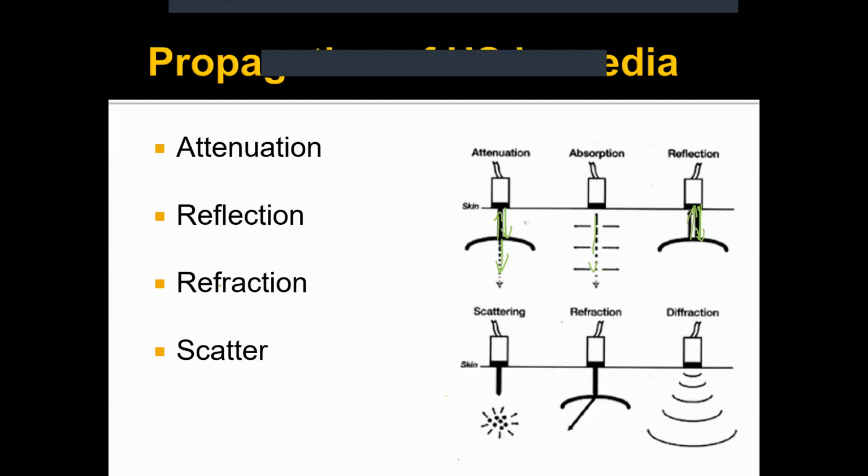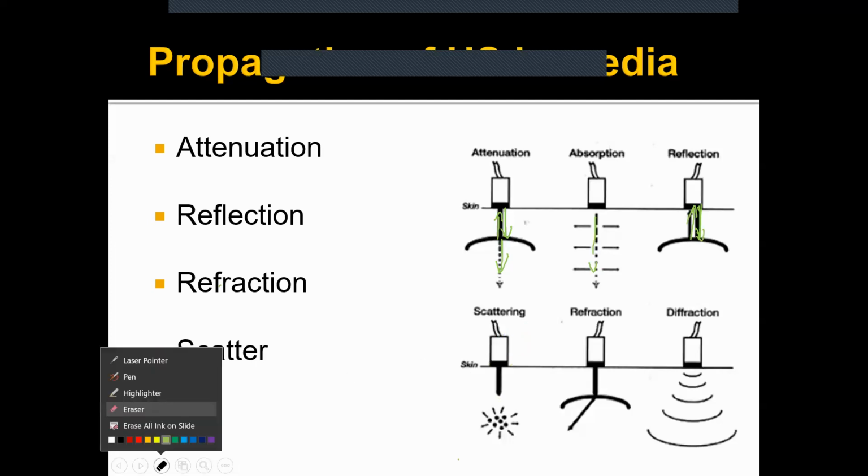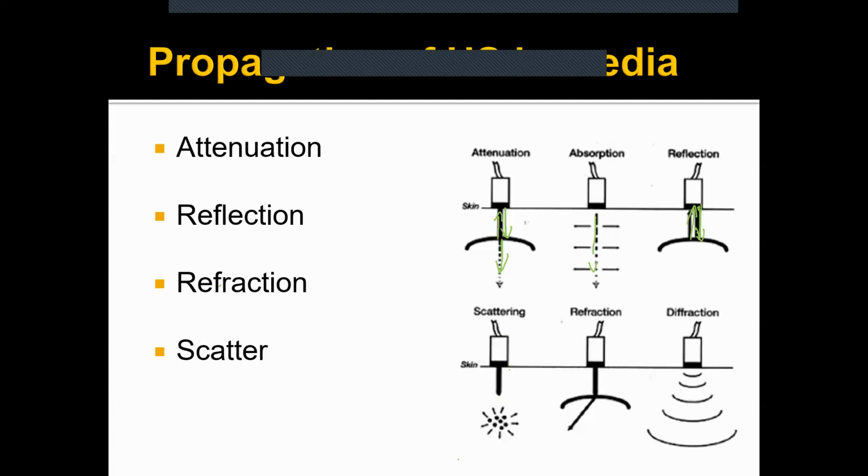Next you have scattering, where the wave hits this object here and then bounces out all over the place.